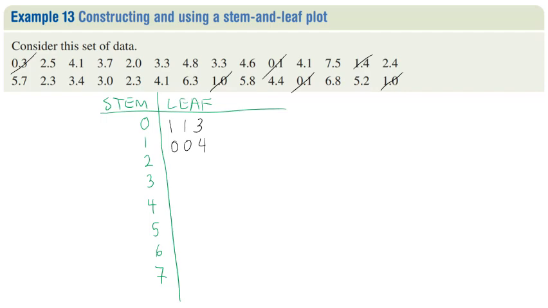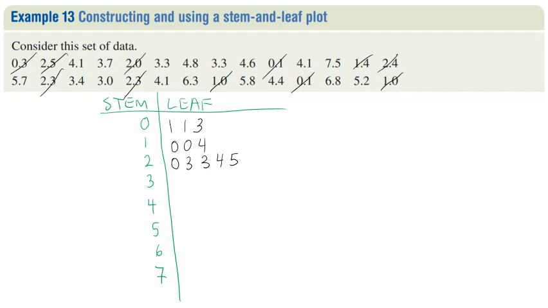Then on to the 2s, we've got 2.0. So it's really important, it goes in order from smallest to largest. We've got 2.3. Then we've got another 2.3. Then we've got 2.4, 2.5.